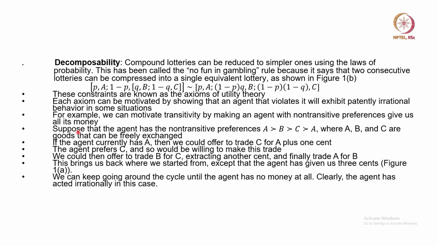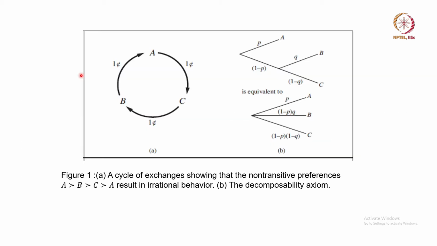The next is what is called decomposability. Compound lotteries can be reduced to simpler ones using the laws of probability. This is exactly what we saw here, right? So this complex lottery can be decomposed into the simpler one. That is the decomposability axiom basically.